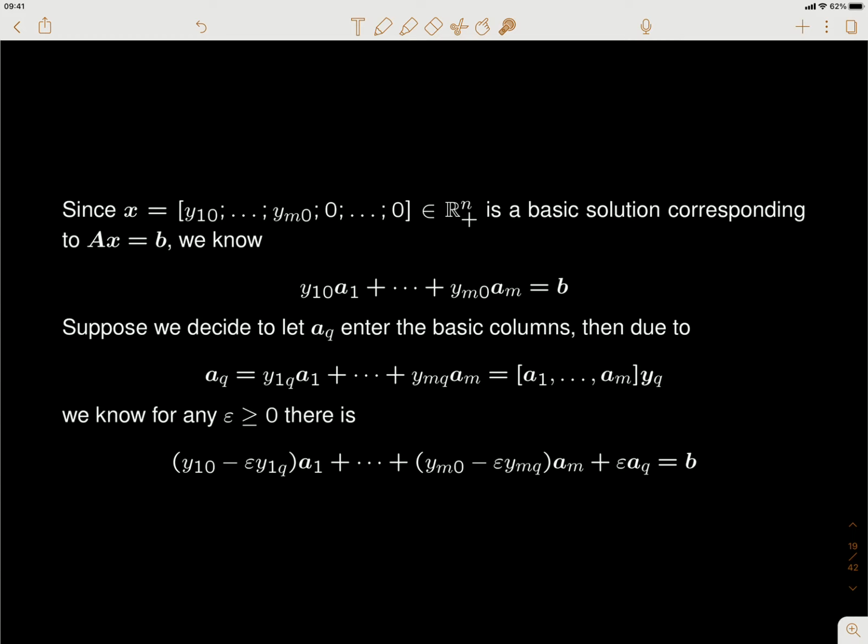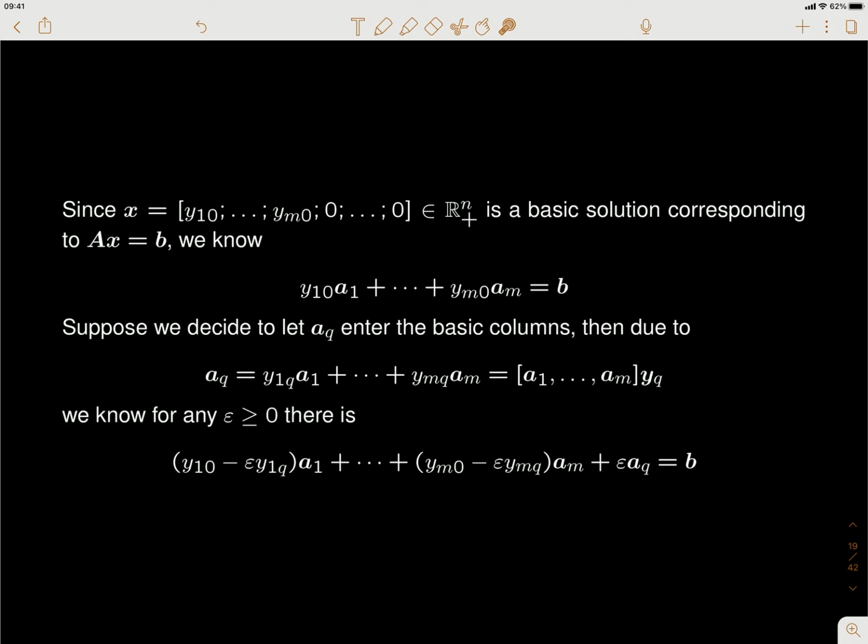Now you can see that if I decide to use AQ as one of the new basic columns, what I can essentially do is choose a proper epsilon so that one of these m numbers becomes 0. Then this AQ will be the new way to form the vector b, so it will become one of the new basic columns.